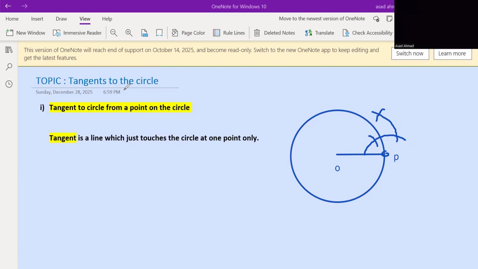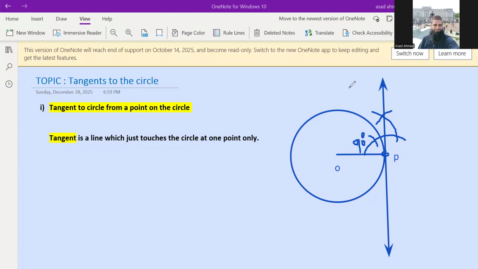Then you simply draw a straight line like this, making the 90-degree angle, and extend the line in the forward and backward direction. So this T1 T1 dash will be the tangent to the circle, and the tangent is drawn at point P.